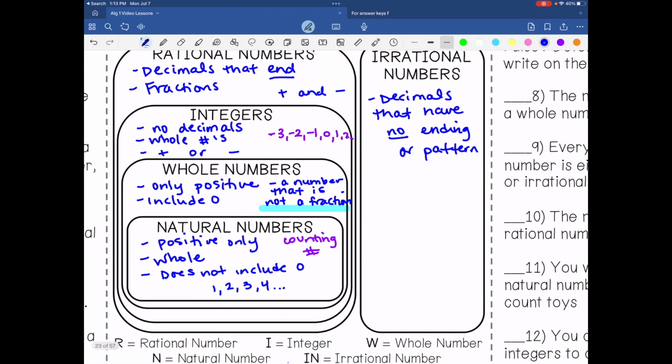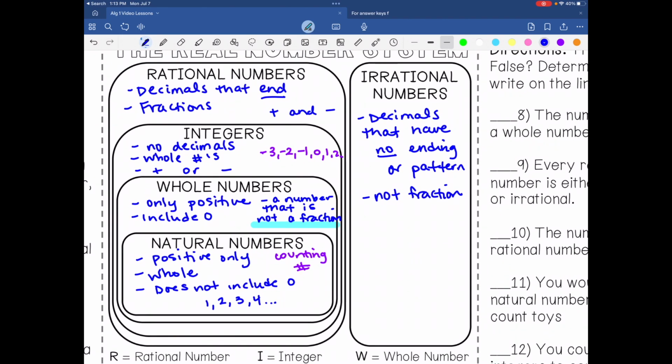They are not fractions, okay? So if it's a fraction, it automatically cannot be irrational. And they go on infinitely, okay? So they're infinite. But a really important part about being an irrational number is that they don't have a pattern, okay? No patterns. Common irrational numbers are non-perfect squares.